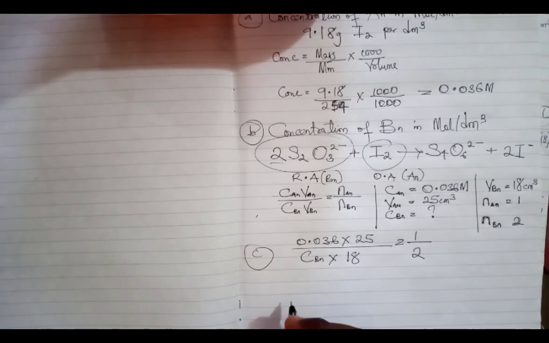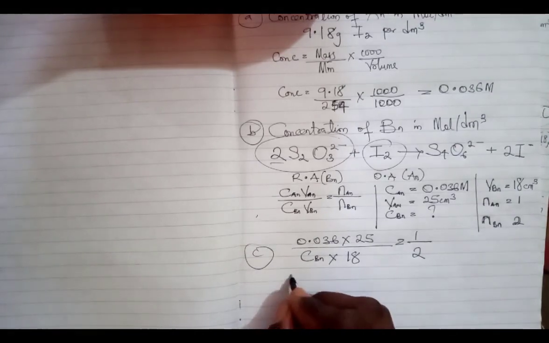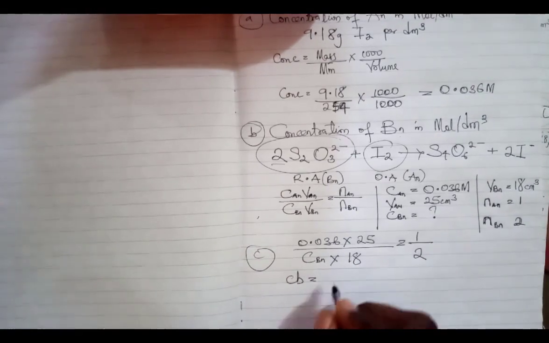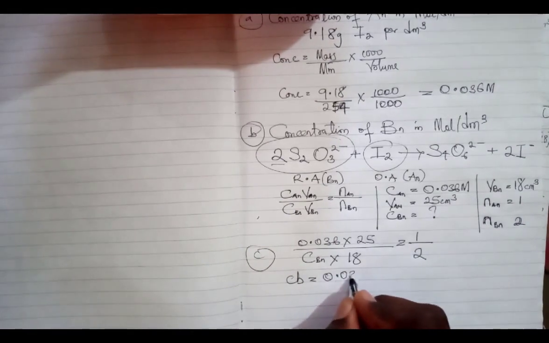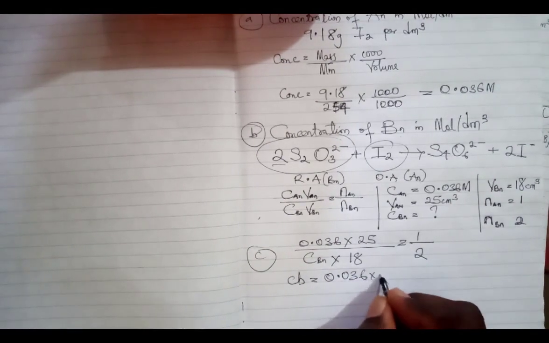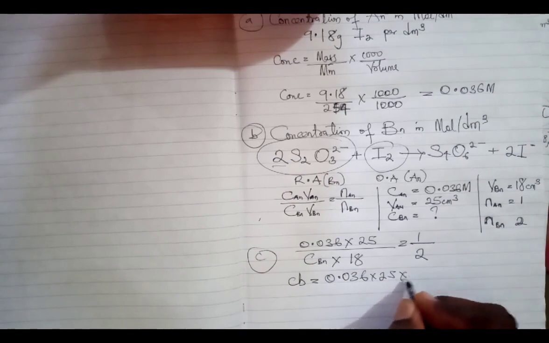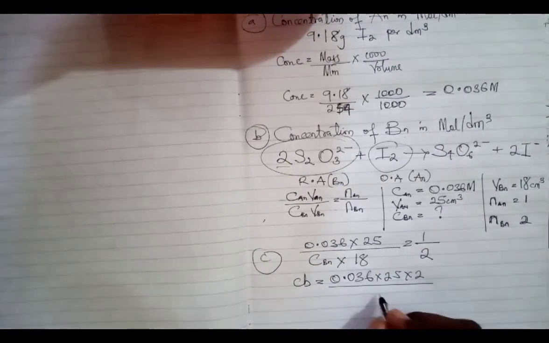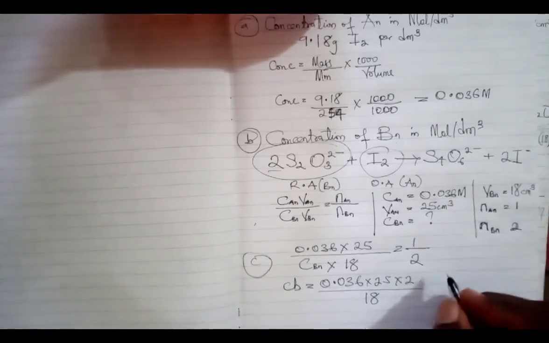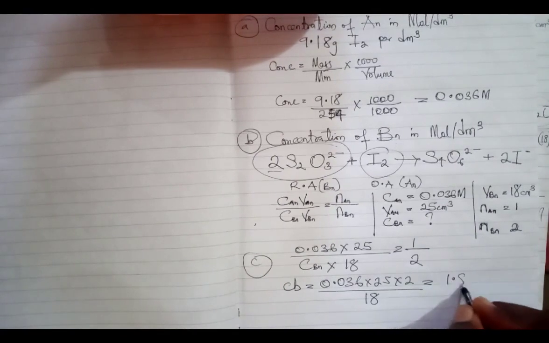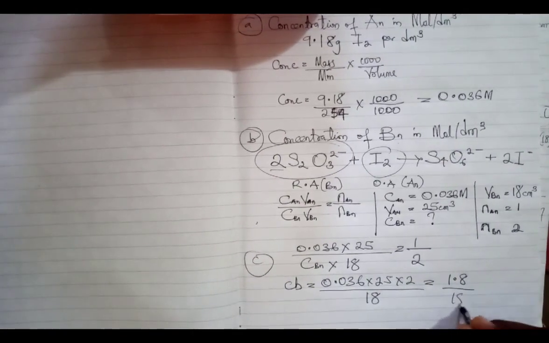So if you make CB the subject of the formula, it becomes CB equal to 0.036 times 25 times 2 all over 18, give you 1.8 over 18.